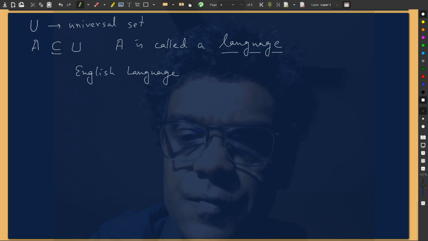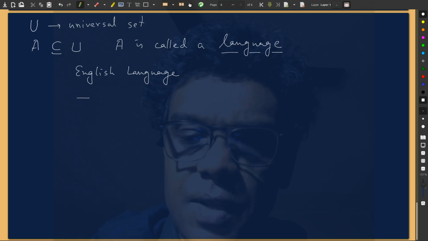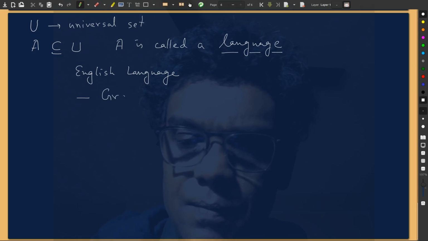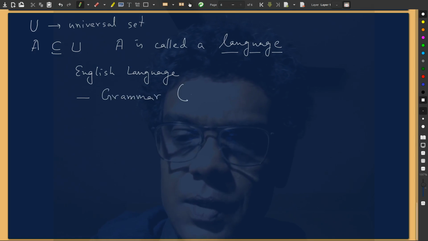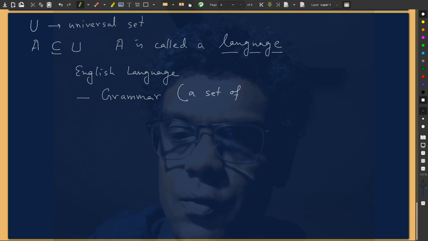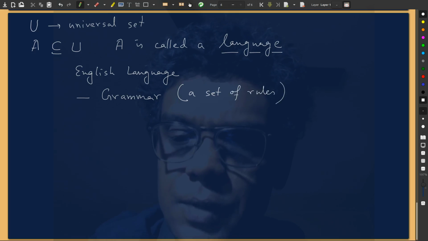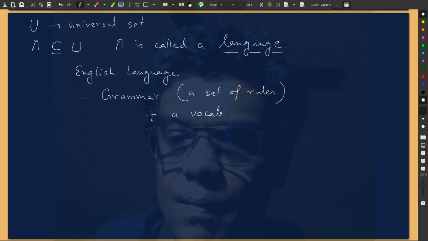And we can specify an English language using its grammar, which is a set of rules, how to form sentences. Set of rules. Okay, grammatical rules, plus some kind of vocabulary. Okay.